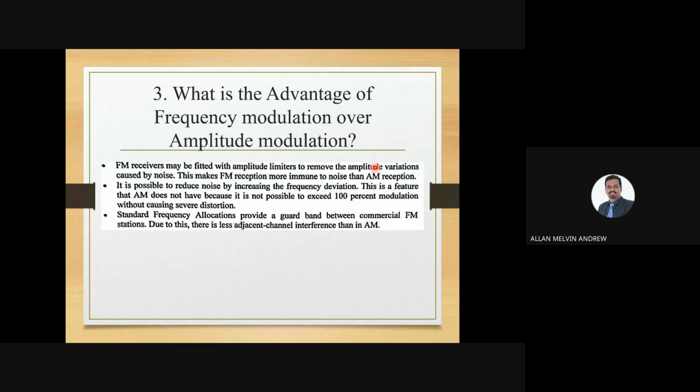But with amplitude, you see some changes and you can already understand what the changes are about. That's why FM is more immune to noise than AM, and why nowadays we are not really using amplitude modulation except for certain applications, because we want to eliminate the noise.